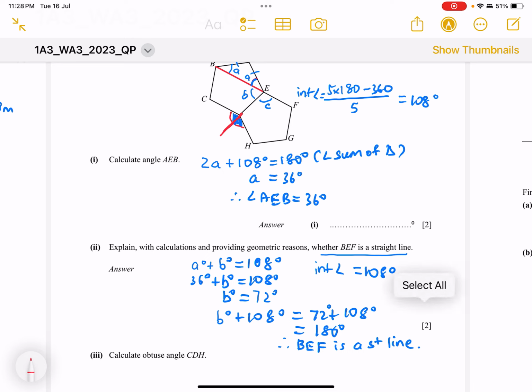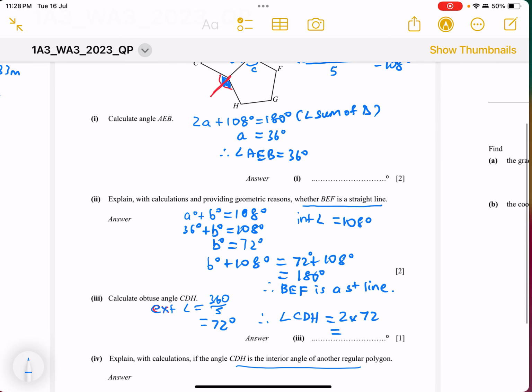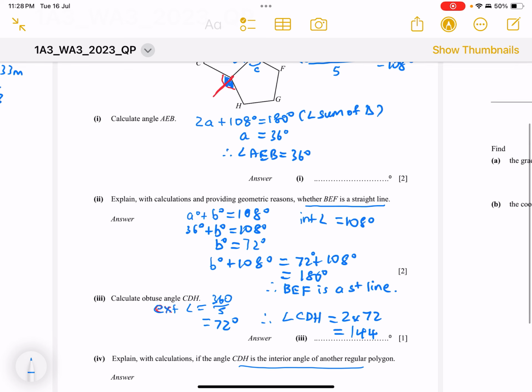We already found the exterior angle of the pentagon, 360 divided by 5, which is 72 degrees. Therefore, angle CDH is actually 2 times that, which gives us 144 degrees.